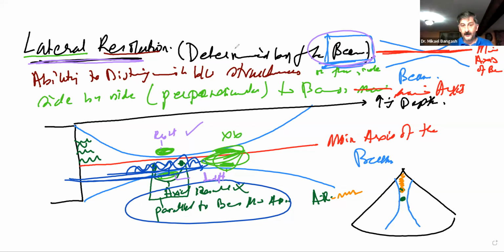If we are looking at which two structures are going to be distinguished to give us a good lateral resolution, it will be this. So they have to be side by side. That's where the word lateral comes in, because what lateral actually means is pertaining to side.